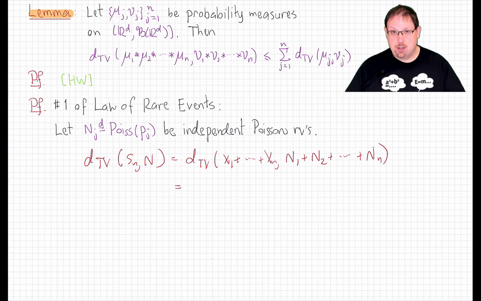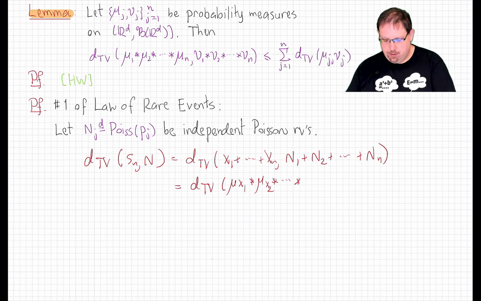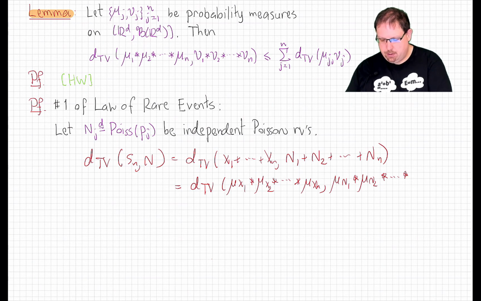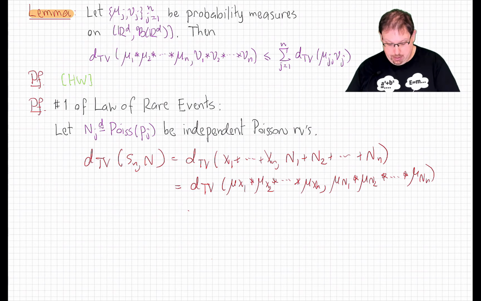And so by the definition of total variation of random variables, which is just the total variation distance of their laws, this is the total variation distance between the law of X1 convolved with the law of X2 convolved with the law of Xn, and the law of N1 convolved with the law of N2 convolved with the law of Nn. By the above exercise from your homework, this is less than or equal to the sum of the total variation distances between the Xj's and the Nj's.